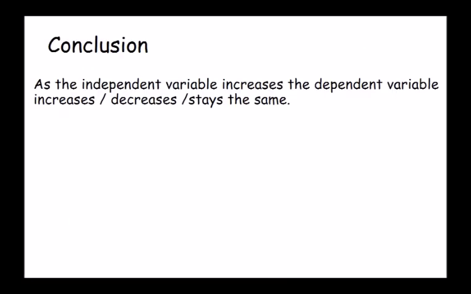Our conclusions for experiments always start the same way. We describe what happens to the dependent variable when we change the independent variable. So we just take this sentence: as the independent variable increases, and then we describe what happens to the dependent variable. So it either increases, decreases, or stays the same. And we just change it to suit our experiment. So in this case, the independent variable is the height of the ramp, and the dependent variable is the average speed.